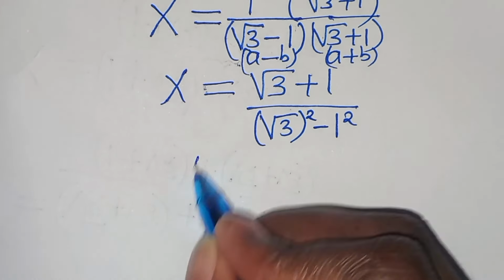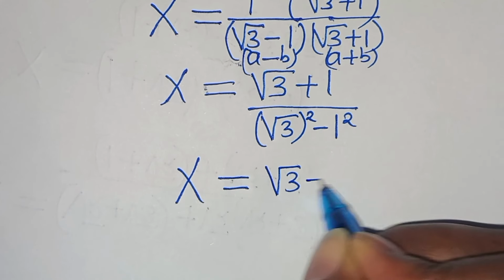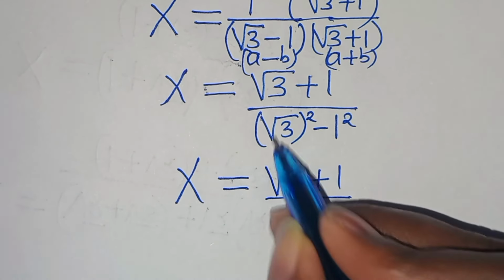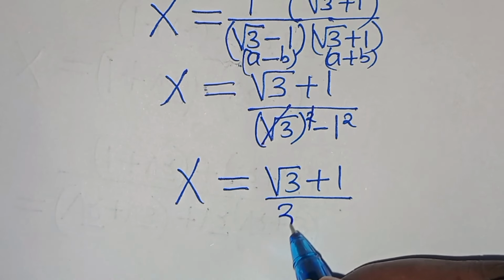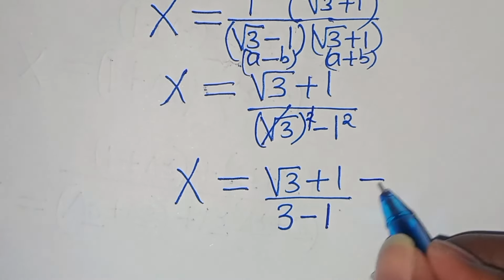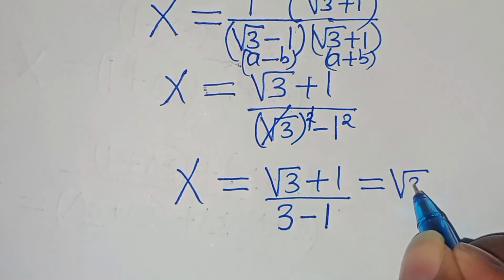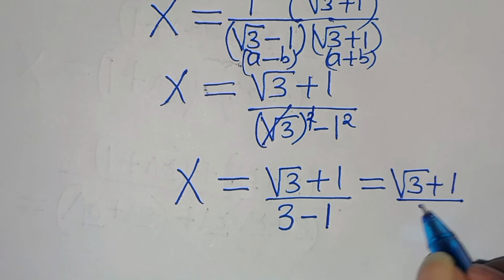And this implies that x is equal to square root of 3 in the numerator plus 1 divided by square root of 3 to the power of 2. We eliminate the square root sign. So here we have 3 minus 1 squared, which is 1. And this means we have square root of 3 plus 1 here divided by 3 minus 1, which is 2.